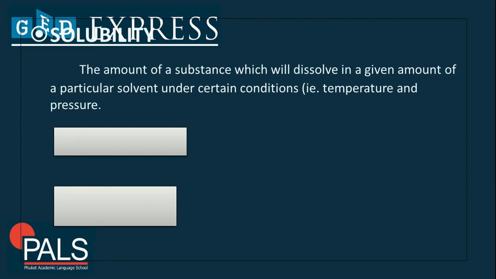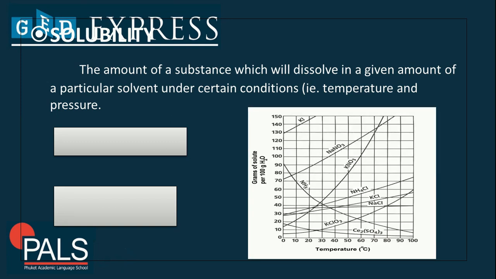Next, solubility is the amount of substance which will be dissolved in a given amount of a particular solvent under certain conditions, for example, temperature and pressure. Now, we have here a diagram for temperature and the grams of solute.